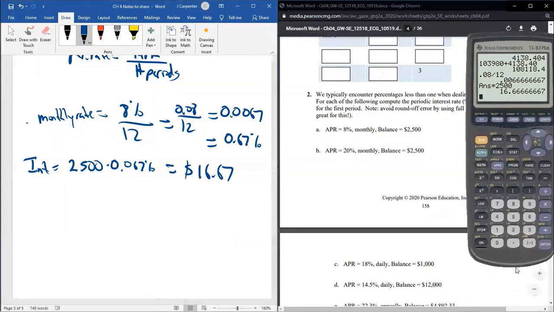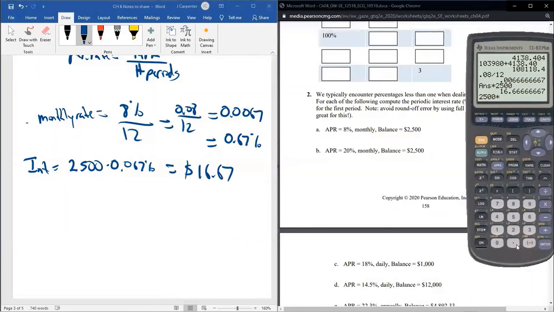If you don't trust me, here's me taking the 2,500 times the rounded answer I had, which was 0.0067. Let's see what that gives us. 16.75, a slightly different answer because we used a rounded value to calculate something. When you use rounded values, you create error propagation. Is it a big error?